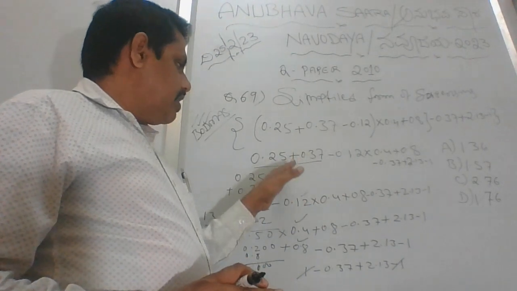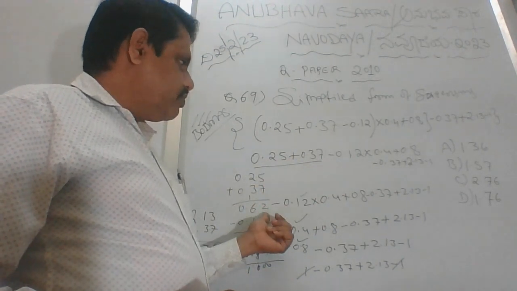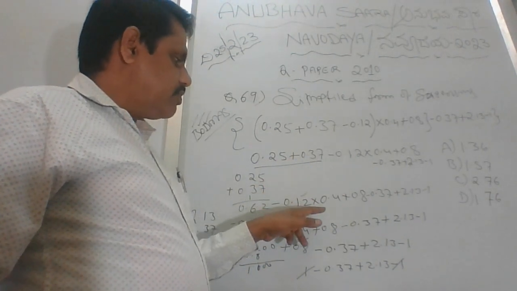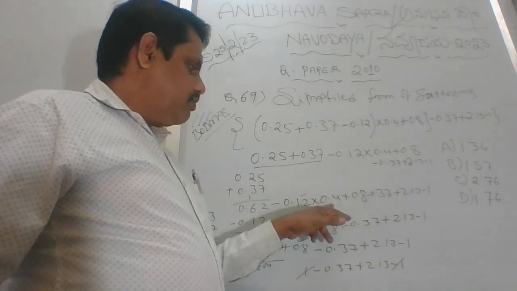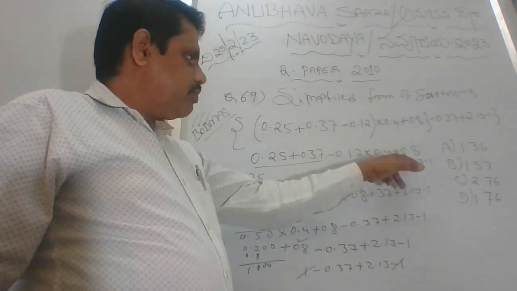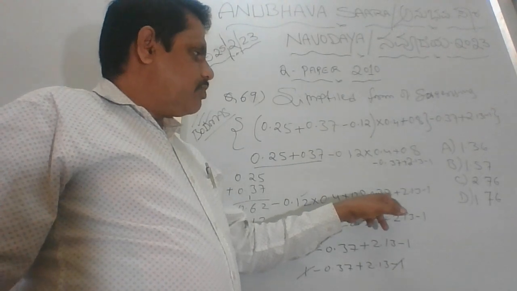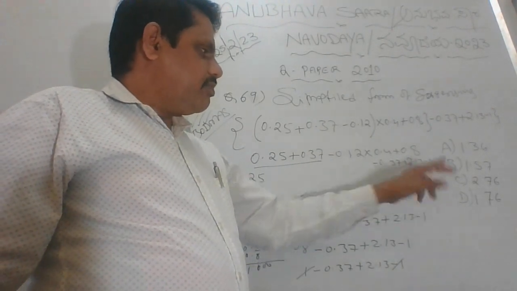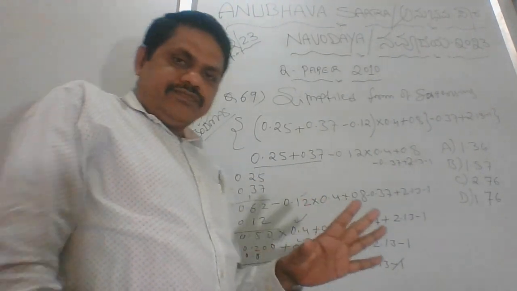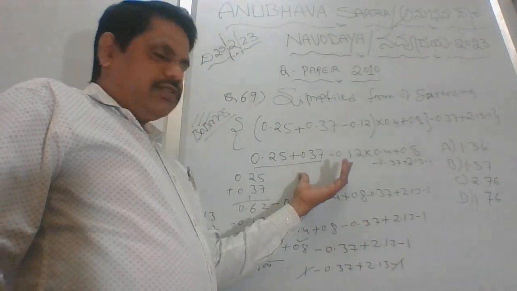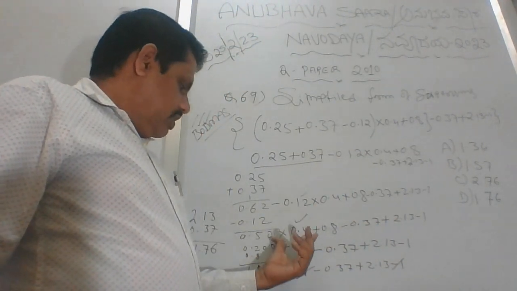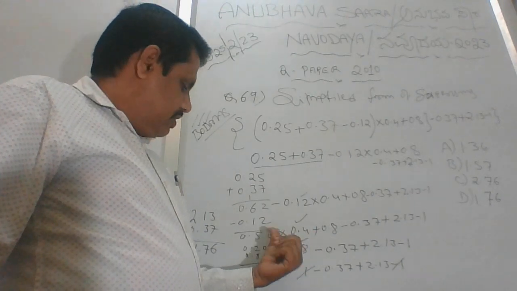Fine. So I have added this. It came to 0.62. I kept 0.12 remaining. Again, 0.4 is multiplied, plus 0.8 minus 0.37 plus 2.13 minus 1. This is the next one, so I will go with the next step.